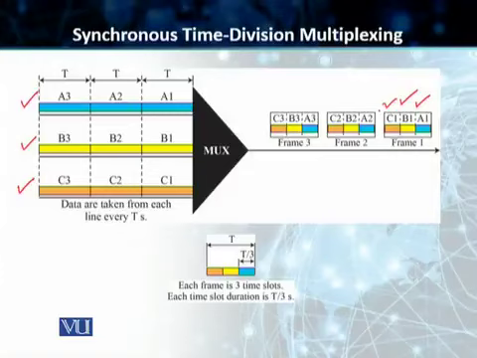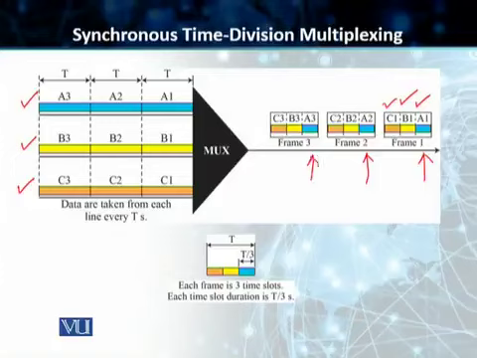And for every single input connection, we have got an allotment in every frame. So line A will have a space in every single frame, even if A is not sending data.